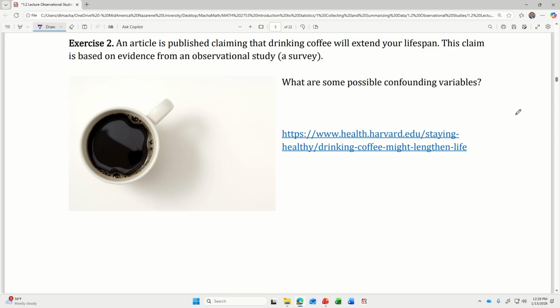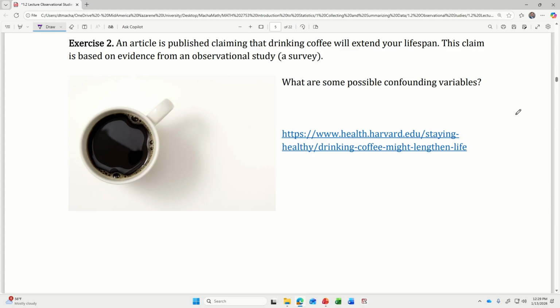What else would correlate with both lifespan and coffee consumption? Like you drink a certain amount, you might have a health problem later down the road. Okay. That would be kind of counterindicated here because it's claiming that we found evidence drinking coffee extends lifespan.